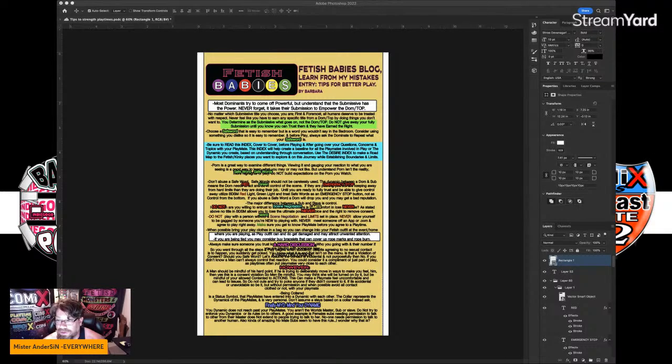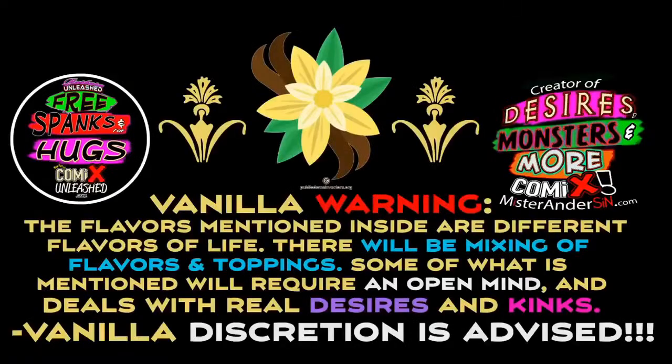So we're going to go over to Comics News. And here we go. The DESiRE Index. Vanilla warning: the flavors mentioned inside are different flavors of life. There will be mixing of flavors and toppings. Some of what is mentioned will require an open mind and deals with real desires and kinks. Vanilla discretion is advised.